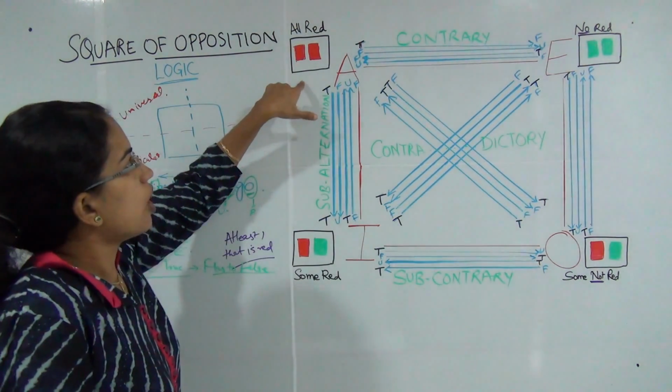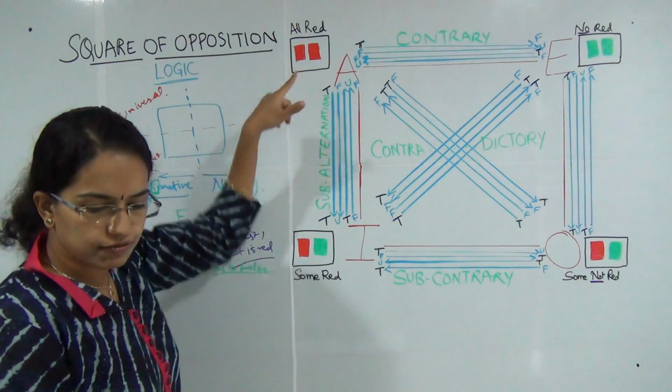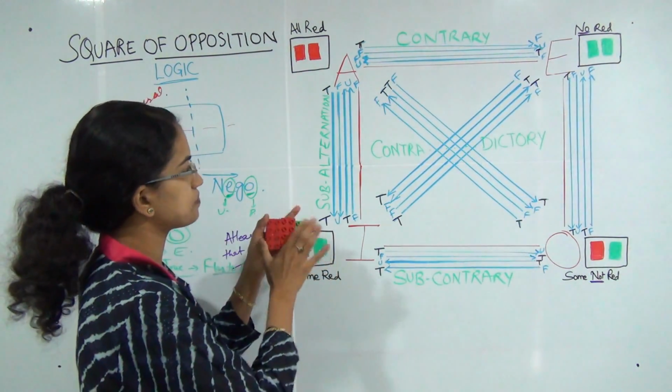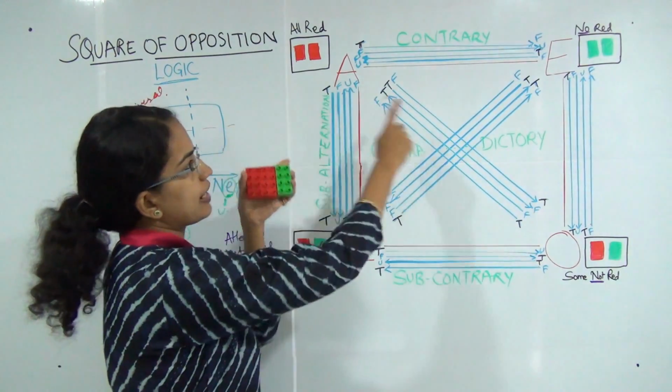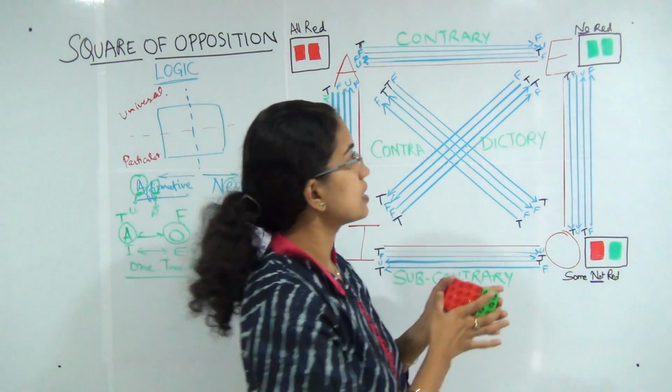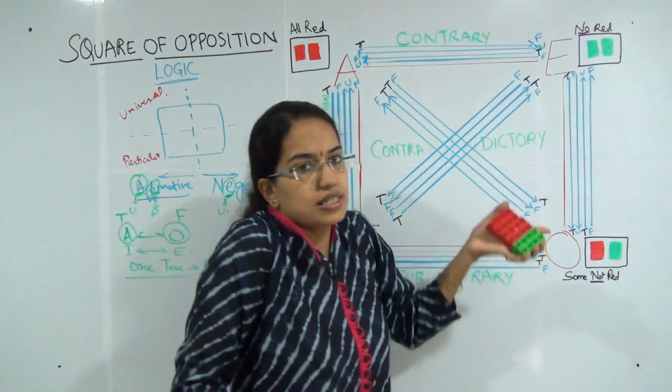If I say all blocks are red is a false statement and I have three blocks here, I cannot say anything about the truth value of this statement. This statement can be true and this statement can be false.